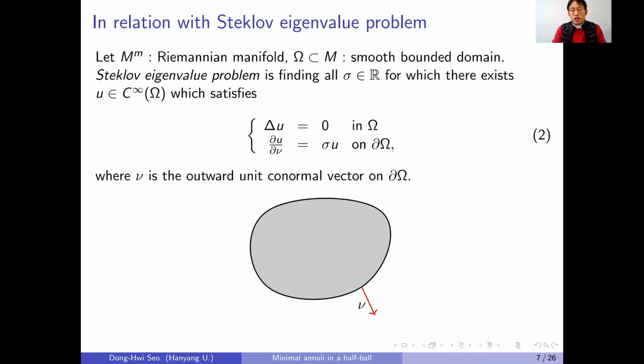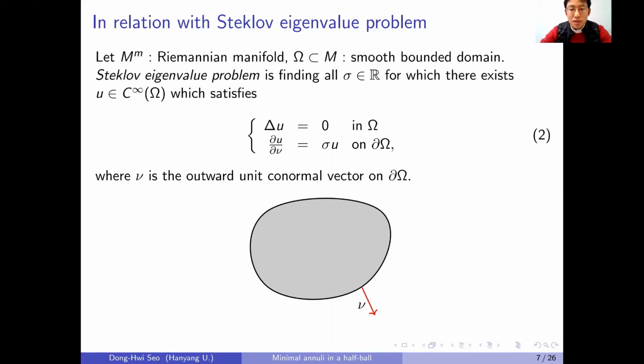Free boundary minimal surface in a ball has an interesting relation with the Steklov eigenvalue problem. This relation was observed by Fraser and Schoen in the 2010s, and so it has been getting increasing attention nowadays. So let me introduce the Steklov eigenvalue problem.